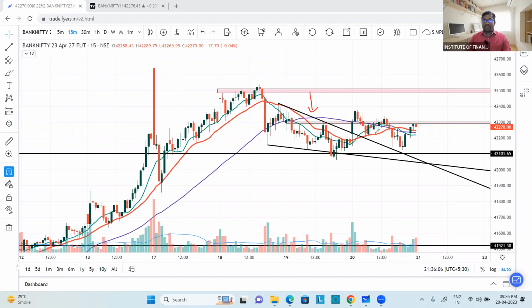In this, you can see this was resistance turned into support, and this was the horizontal support. And this one is the trend line support. Now these locations will act as strong support. It can be a moving average, a trend line, or a horizontal line. No problem, everything will work.